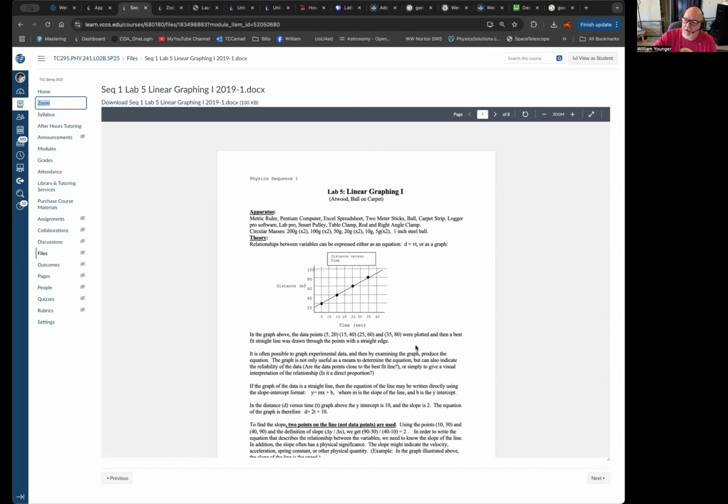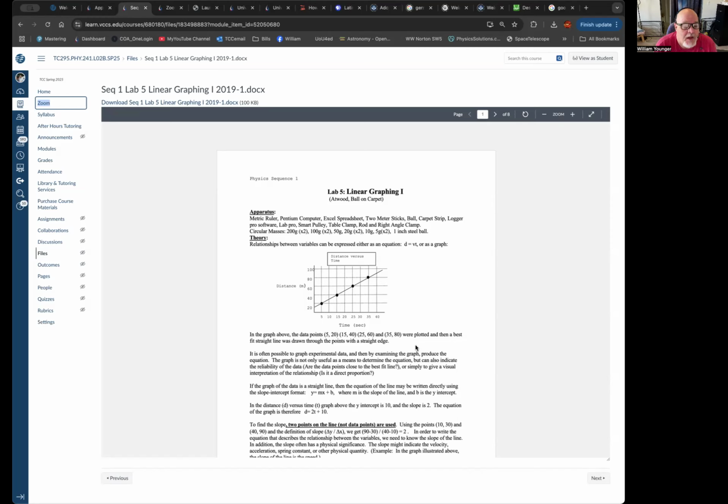Depending on how far up the ramp you release the ball, it's going to roll a certain distance along the carpet, which is sort of like a brutal friction type force, except it's not even really a friction force in the typical sense because it's way less uniform.